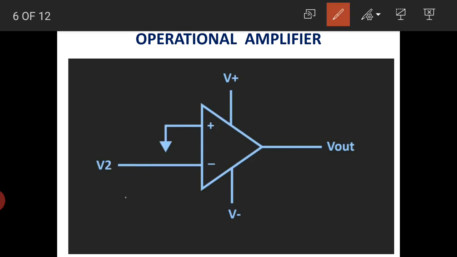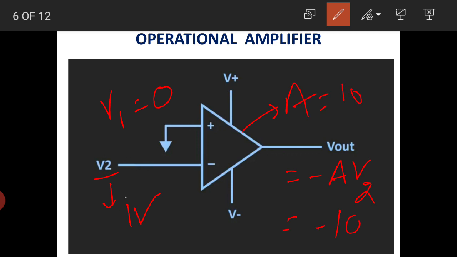We can also consider it like this: if V1 is equal to 0 and V2's value is equal to 1 volt, then the output voltage obtained here will be equal to A into V2, and if A's gain is 10, minus 10 volt will be obtained at the output side.